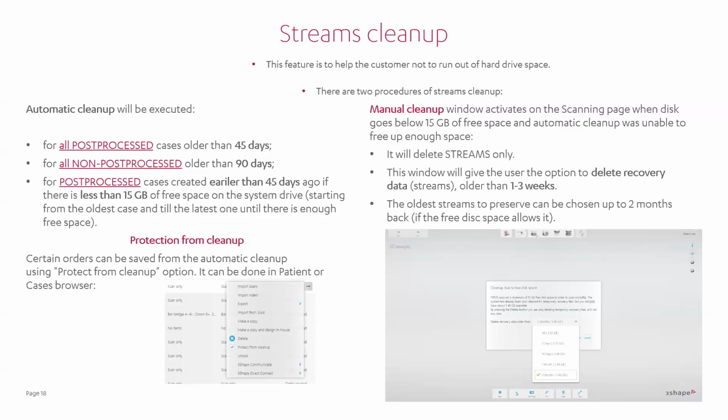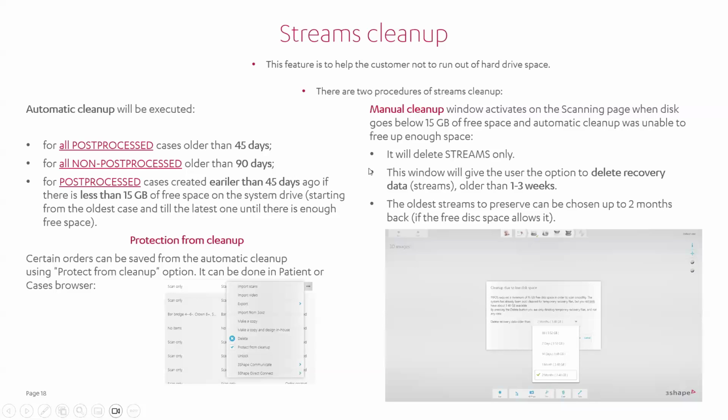And another option is the manual cleanup window, which activates on the scanning page when the disk goes below 15 gigabytes of free space and automatic cleanup was enabled to free up enough space. As you can see in the examples, the software warns you that you lack some free space and asks you to remove some of the streams in the system.